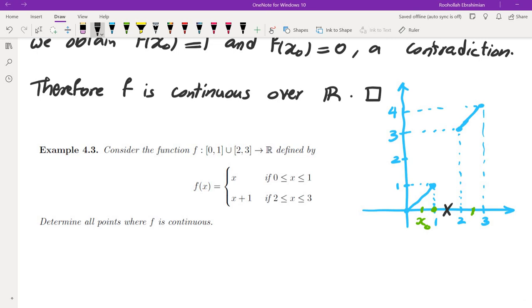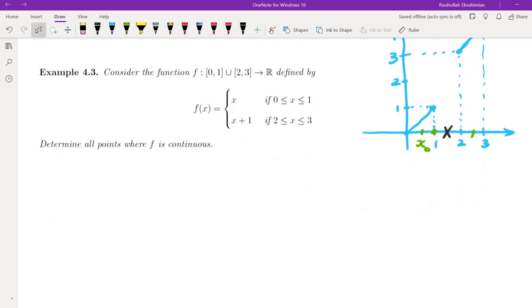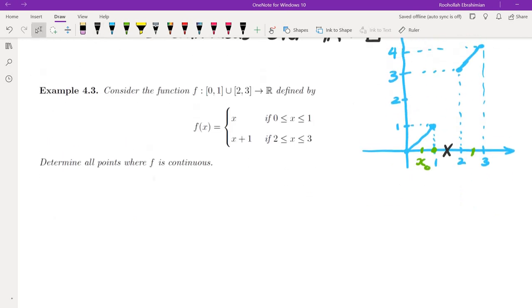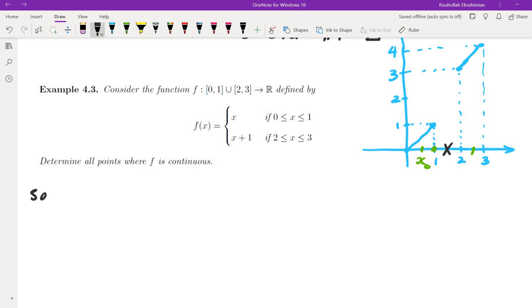It would have to be between 0 and 1, after a point, because of the gap that we have between 1 and 2. Therefore, f of that sequence would approach f of 1.